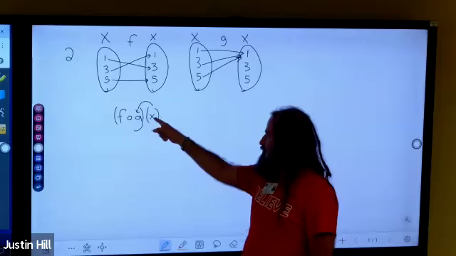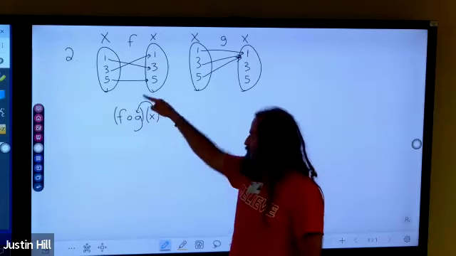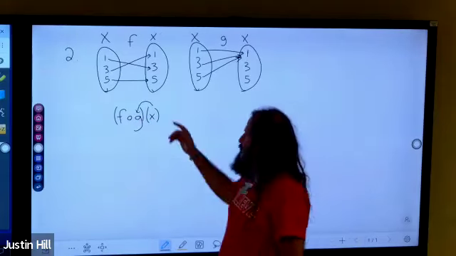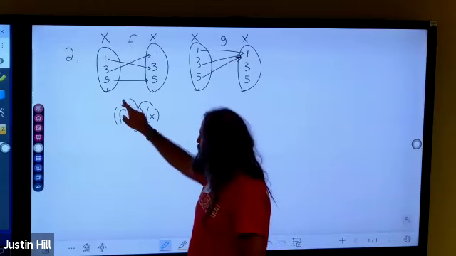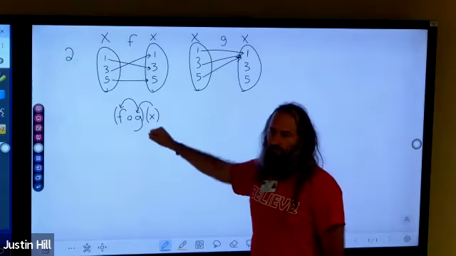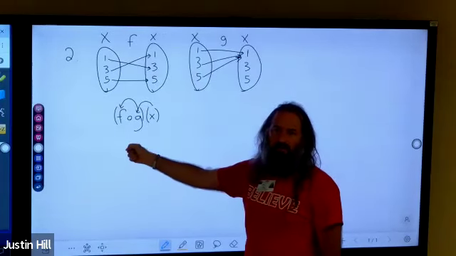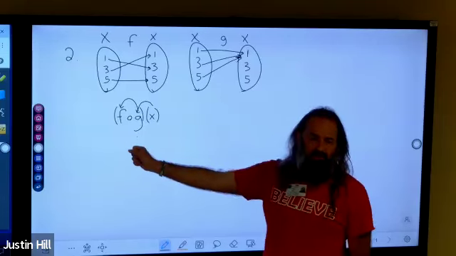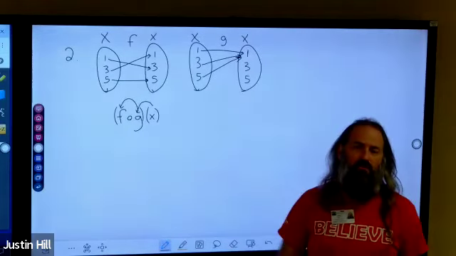So we're taking the input, whatever input we want to start with, we plug it first into G. And then whatever output we get becomes our input in F. So your input goes into G, you get a number out, that gets sent back into F, and then you get a number out of that, and that's your true output. That's your output for F compose G.